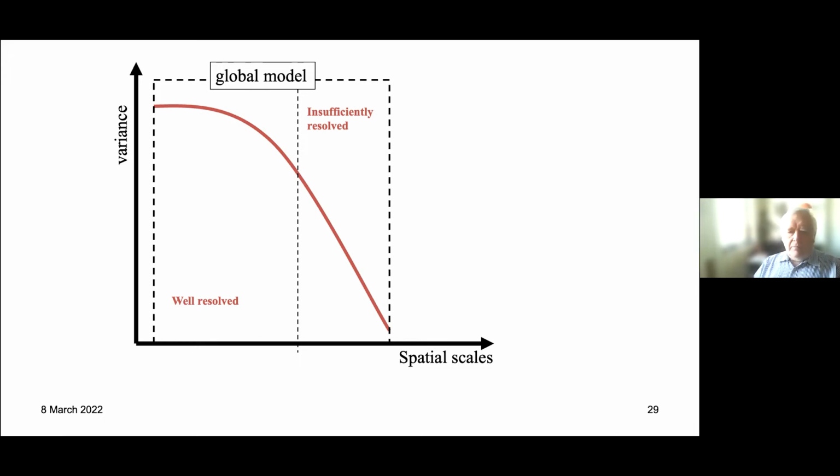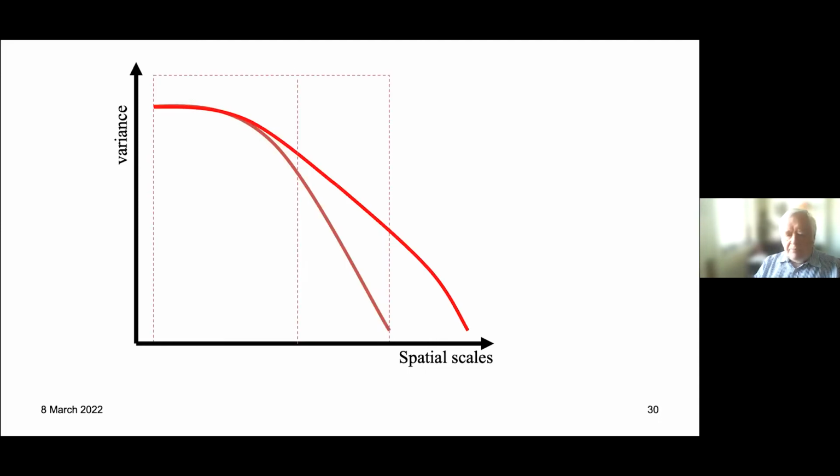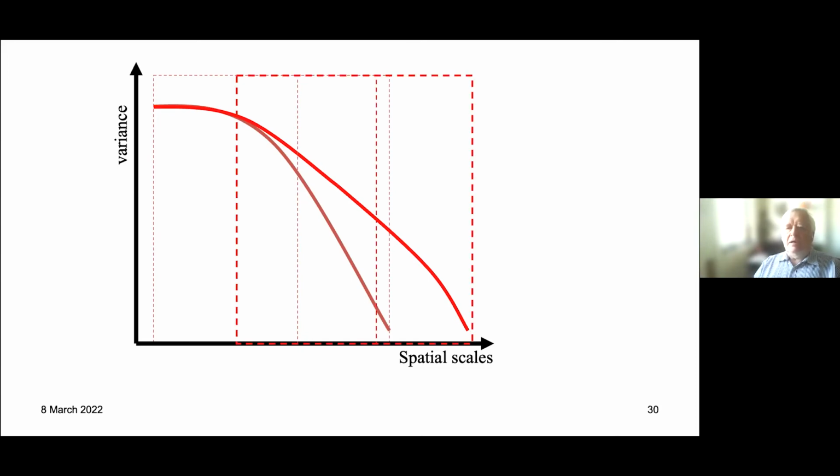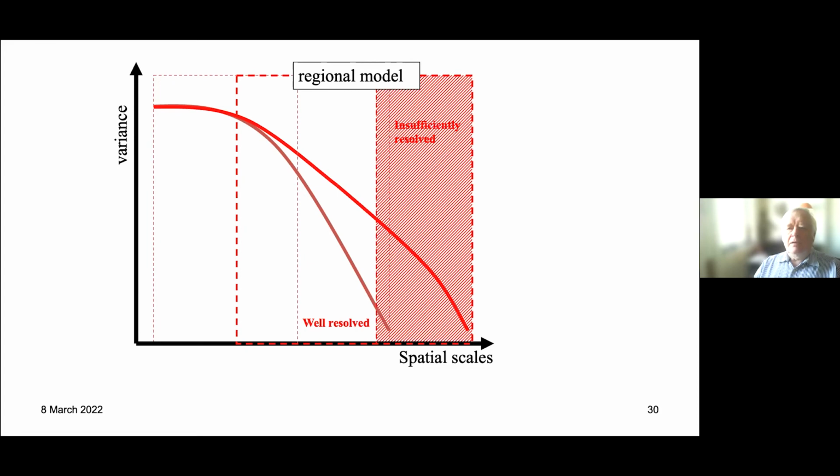Now, if we go to a regional model, then we have again this variance distribution. And now only looking at the right part, we have the same situation, namely that the smaller scales are insufficiently resolved, but that the larger scales are well resolved. And so the smaller scales we should not look too carefully at. So for instance, when people look at regional models for grid point data, that's a little bit of a problem.